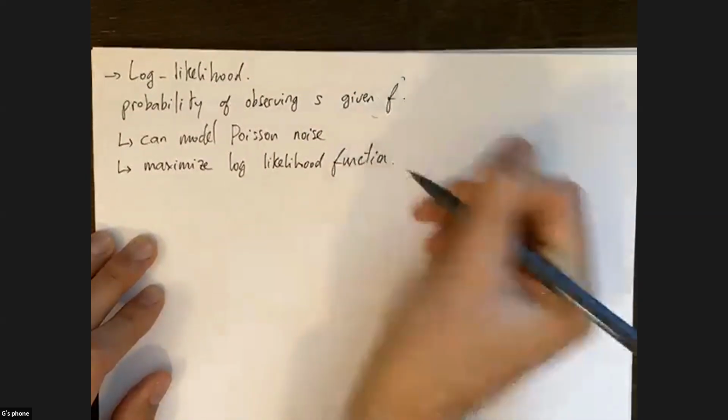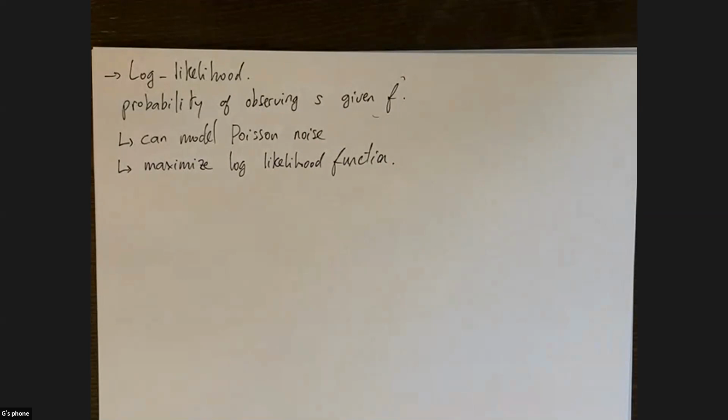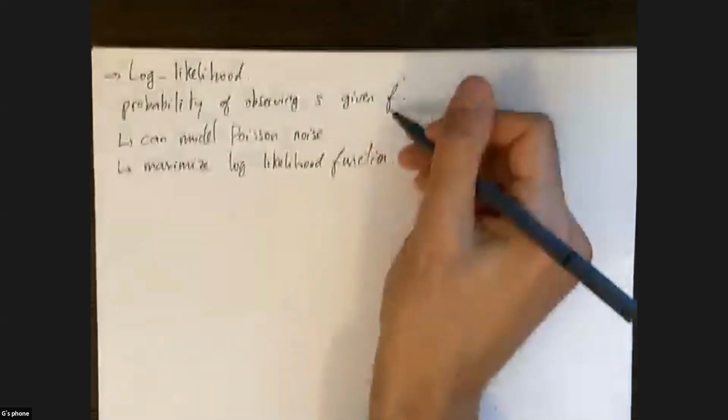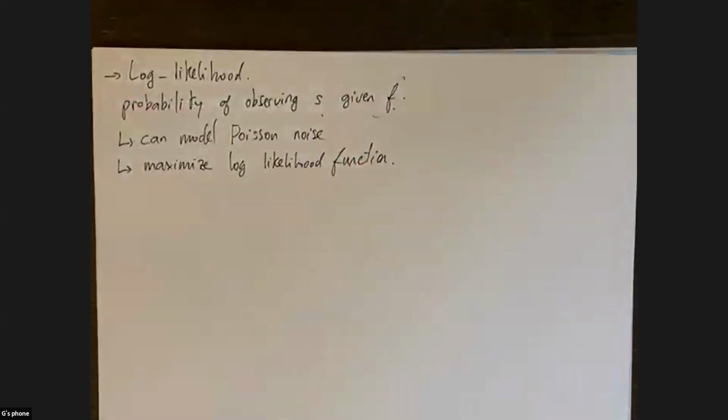Okay. So now you may ask, how do you maximize? First of all, what does this log likelihood function look like? Mathematically, it can be written down in a quite simple form. I won't show it here, but there's a short formula that includes F and S. That's the log likelihood function. And then we can maximize it using an iterative approach.